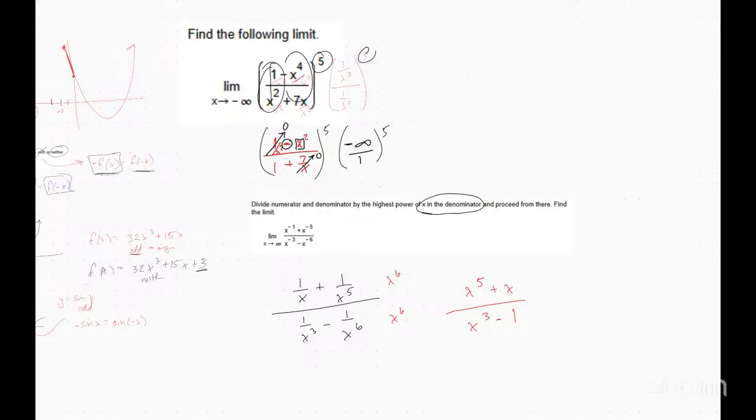So no, we didn't want to do that. We wanted to multiply everything by x to the third. Let's see if that works better. If I multiply by x to the third, I get x squared plus x plus 1 over x squared, over 1 minus 1 over x cubed.